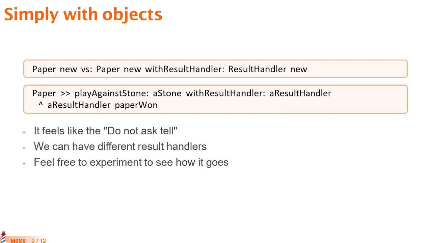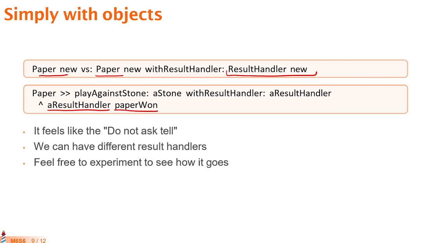But what we could also do is have a result handler. This is an object that will know how to do things, and in fact I prefer this solution. So here I could say, paper new versus paper new, and I give you a result handler. This is a guy that knows how to do something. In paper play against stone, I know that the paper is winning, so I would say to the result, please configure yourself so that you know that the paper has won.